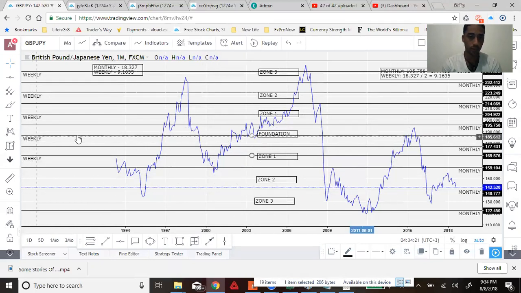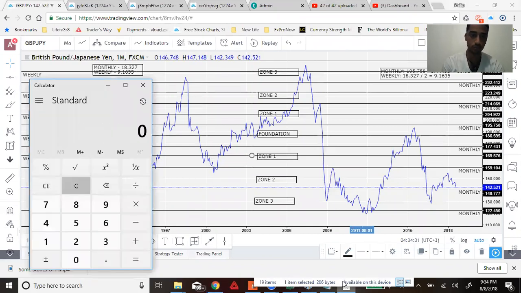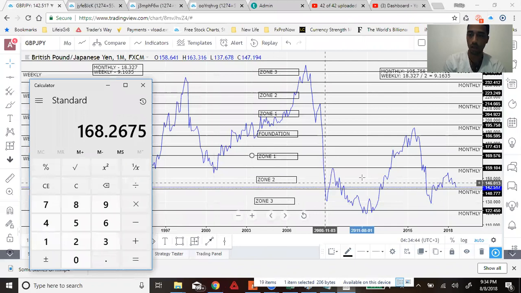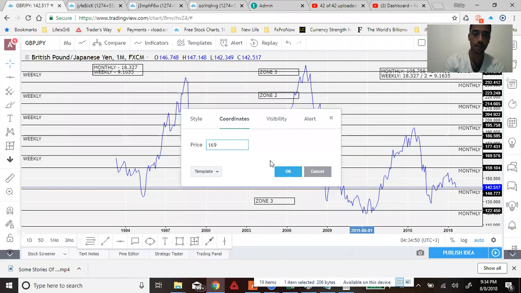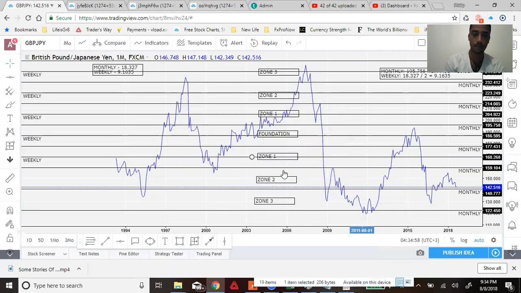So I'm going to take this weekly foundation number that we got right here, which is 1.86595, and subtract the monthly from it, so 682675. Okay, and then push there.